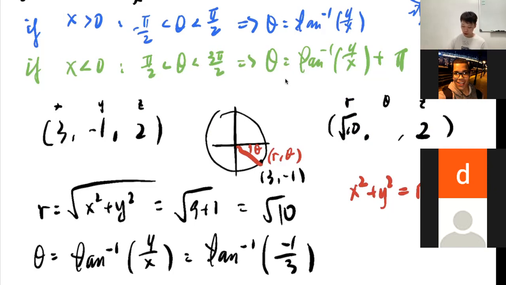In this case, you don't have to add the pi because it's already in this part of the circle.